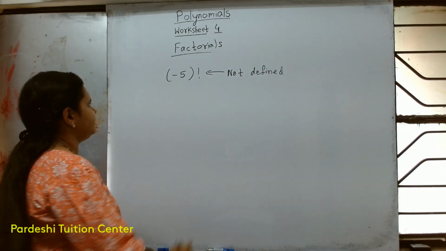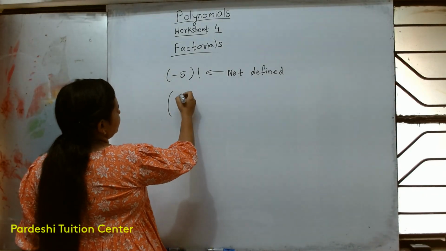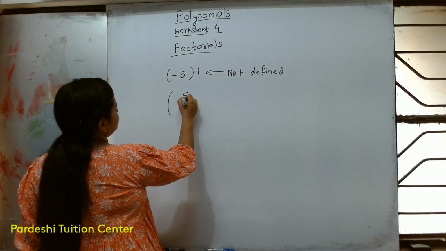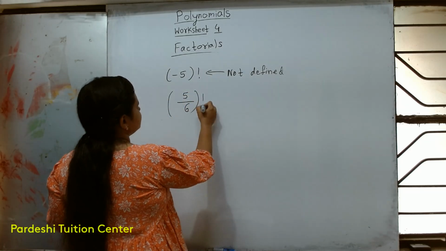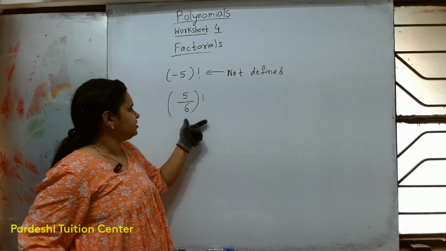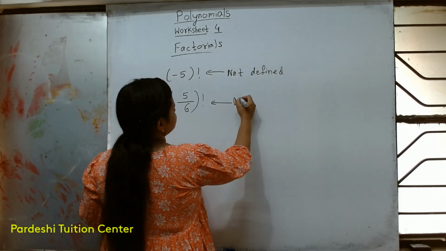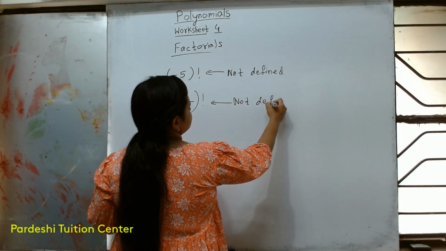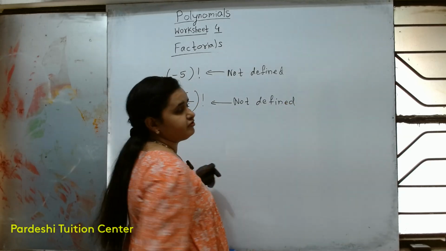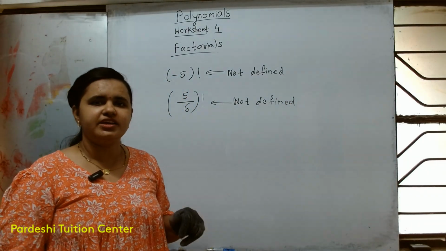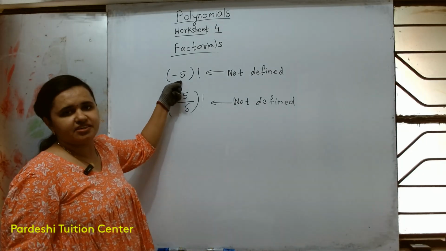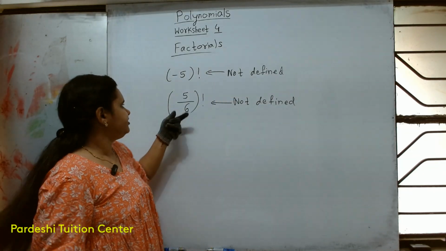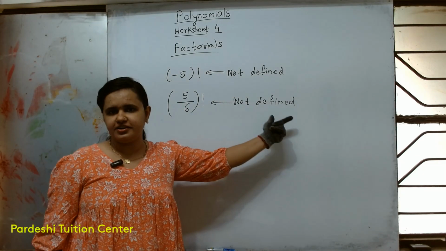And if I ask you the factorial of a proper fraction, that is 5 by 6 factorial, what is it? It is also not defined. Factorials can be defined only for non-negative integers. So if it is a negative integer, not defined, and if it is a proper fraction, it is also not defined.